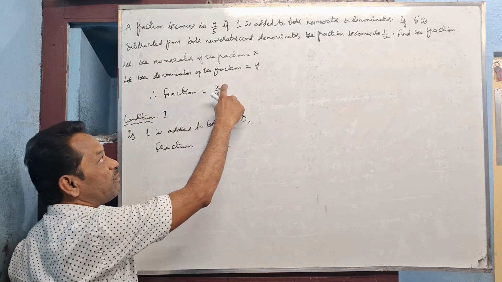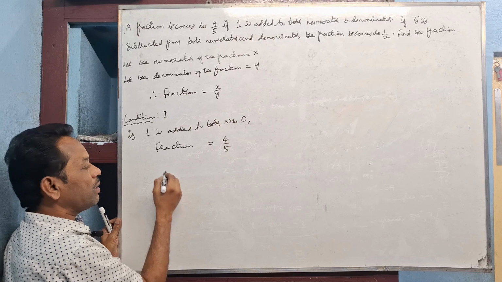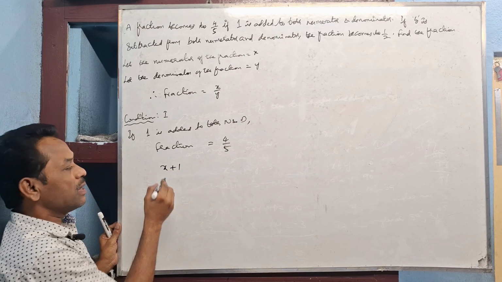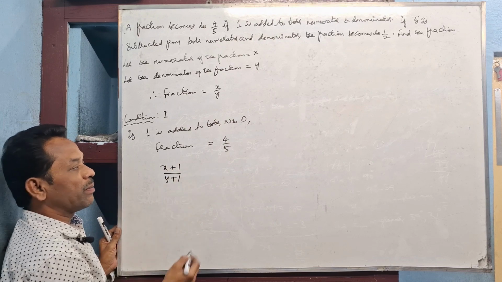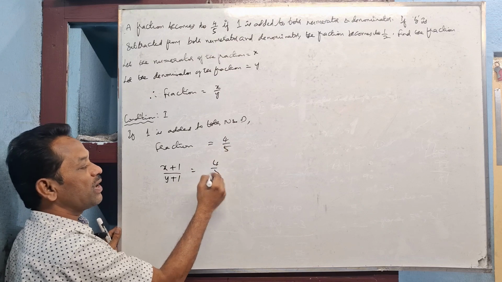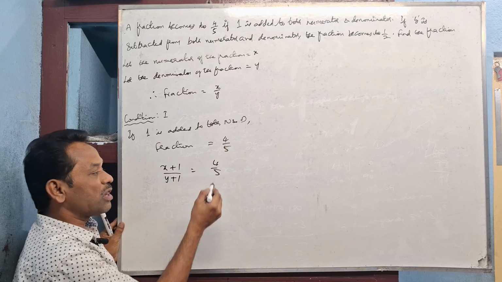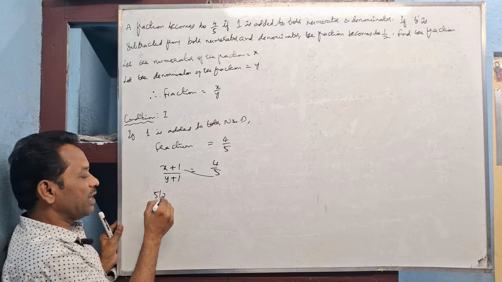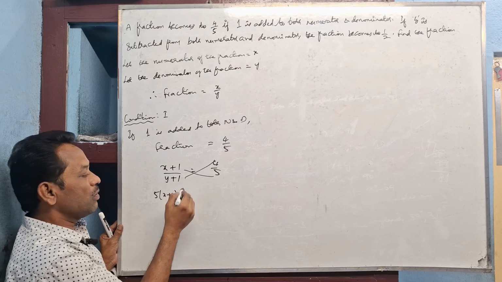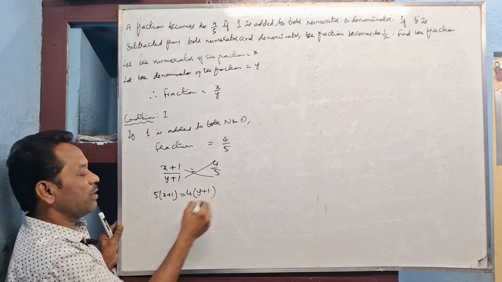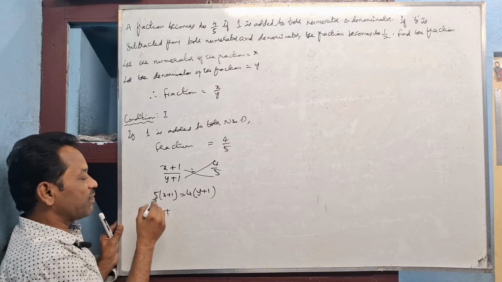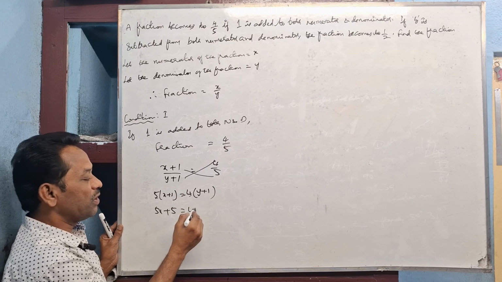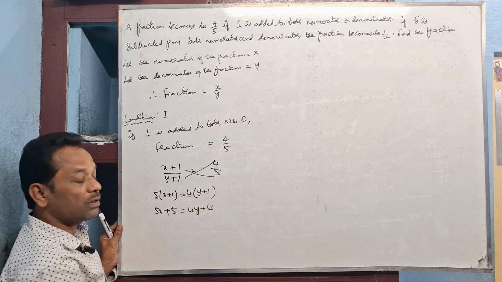Let me add 1 in the numerator and 1 in the denominator, equal to 4 by 5. Let us go for cross multiplication. 5 into x plus 1 equal to 4 into y plus 1. 5x plus 5 equal to 4y plus 4.